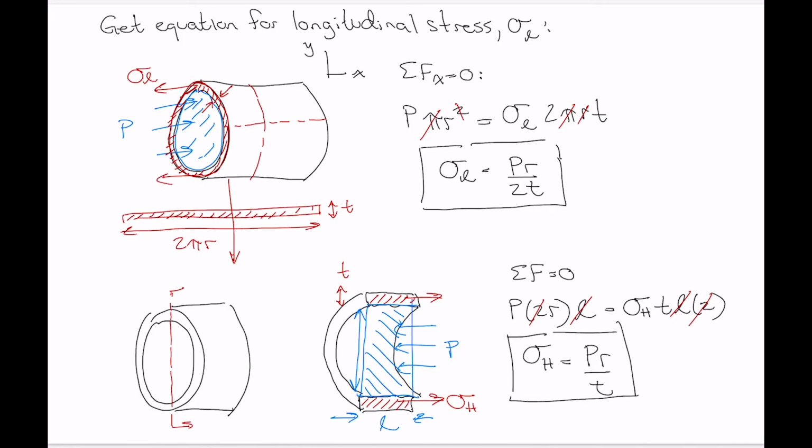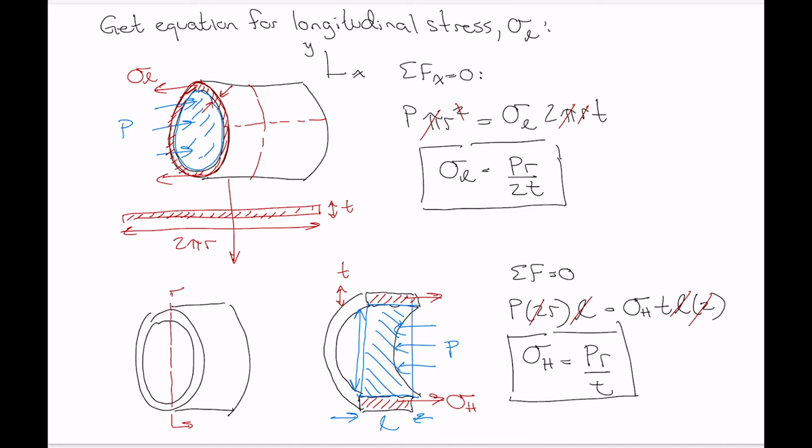So you've got the equations now for how to deal with a thin-walled pressure vessel and find stress at any point in the wall if it's a cylindrical tank. If it's a spherical tank, and there are some of those, then any cut through a spherical tank that you make ends up looking like the cut that we made to find the longitudinal stress, and you end up with stresses of PR over 2T.